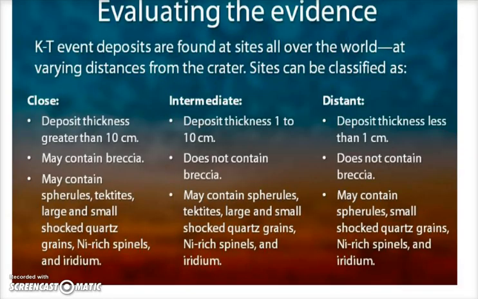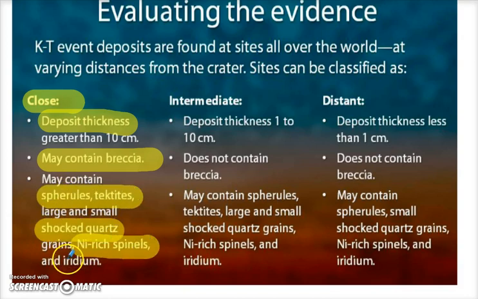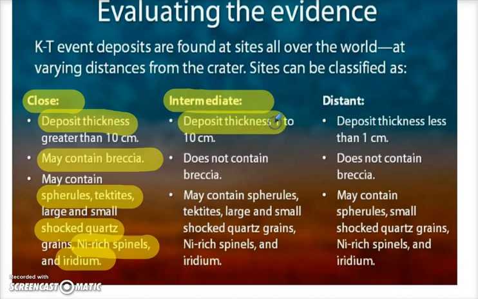Here's just a quick review. If something was found close to the impact site, it would have a thicker deposit. It may contain breccia, those rocks, and may contain spherules, tektites, shocked quartz, nickel-rich spinels, and iridium. If it's an intermittent distance away from the site, meaning a medium distance away, the deposit thickness would not be that much.